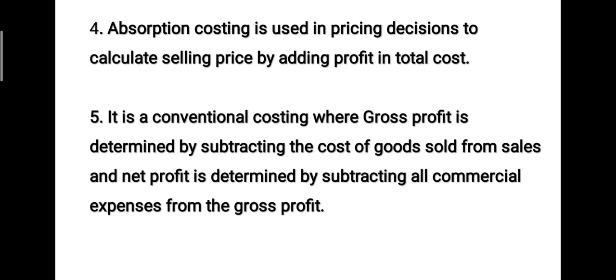It is a conventional costing method, whereby gross profit is determined by subtracting the cost of goods sold from sales, and net profit is determined by subtracting all commercial expenses from the gross profit.